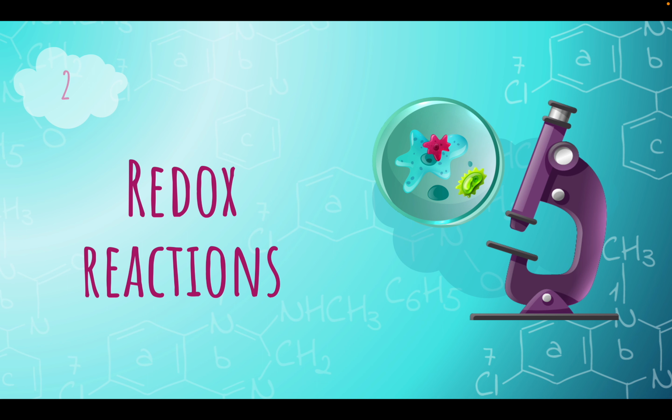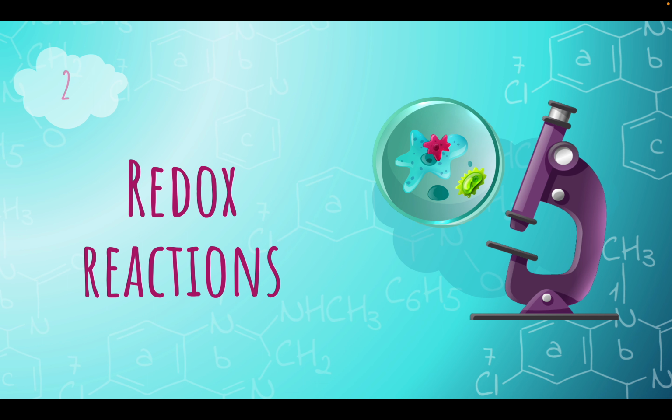Oxidation loses, reduction gains electrons. Okay, so to remember this, we have the mnemonic OIL RIG. Oxidation is loss, reduction is gain. So in the context of redox reaction, the atom that loses electrons acts as the reducing agent, while the one gaining electrons acts as the oxidizing agent.